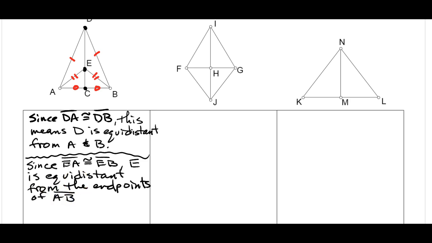Really it's saying the same thing, equidistant from A and B, or equidistant from the endpoints of AB. Just different ways to phrase it.